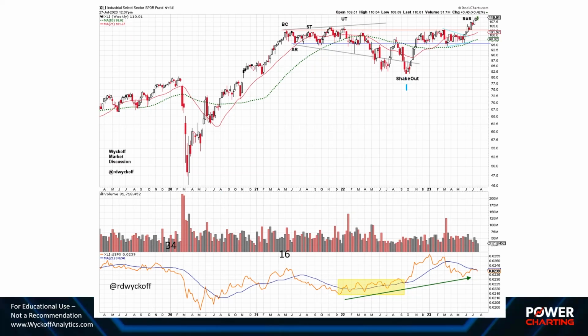Note the increasing volatility here in the first half. And you see a buying climax, first of all, a very important upward trend that suggests to us to look for reaccumulation going forward. 2 years of reaccumulation in the industrials.